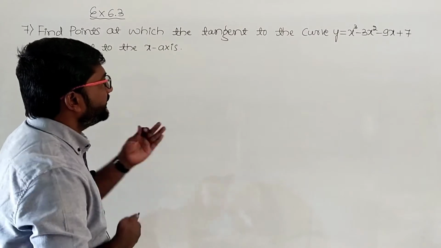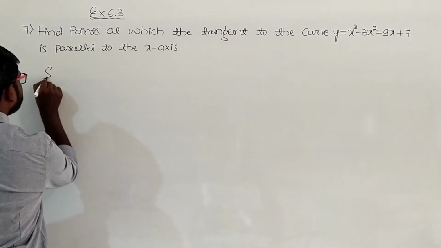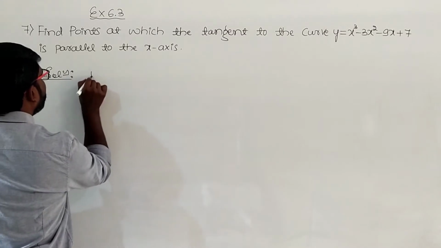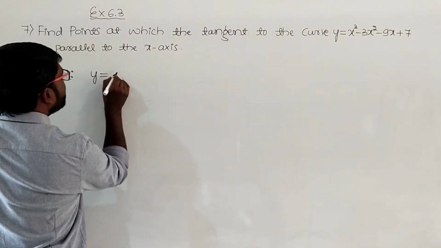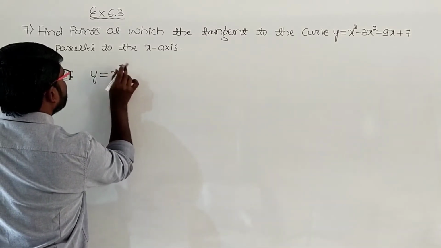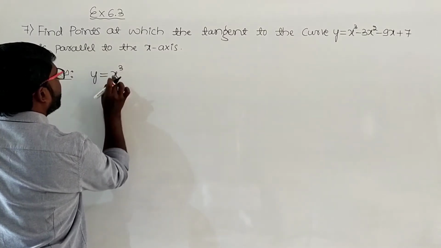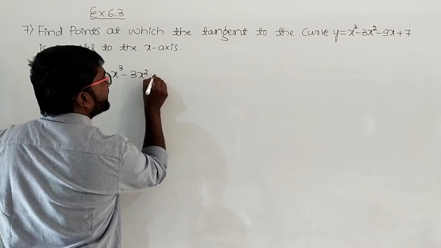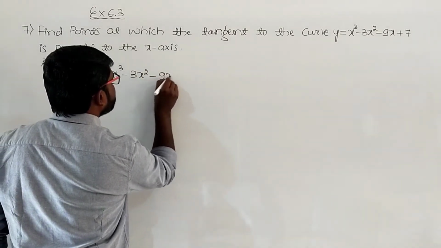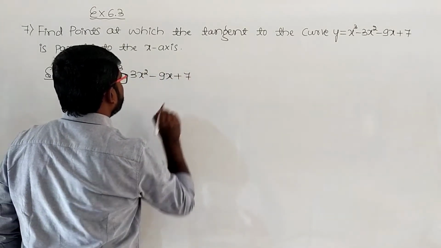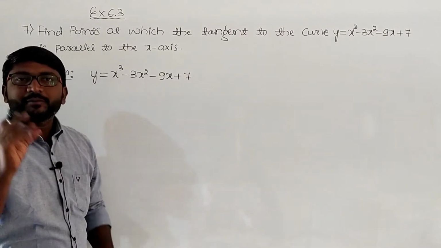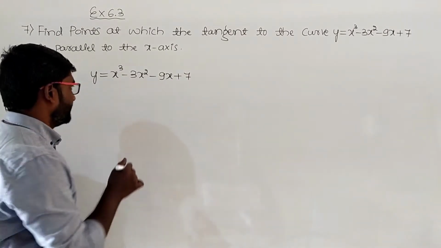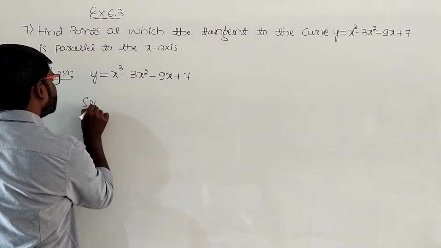Let us take up the given curve. It is y equals x cube minus 3x square minus 9x plus 7. So now the slope of the tangent is nothing but the derivative of this particular curve.